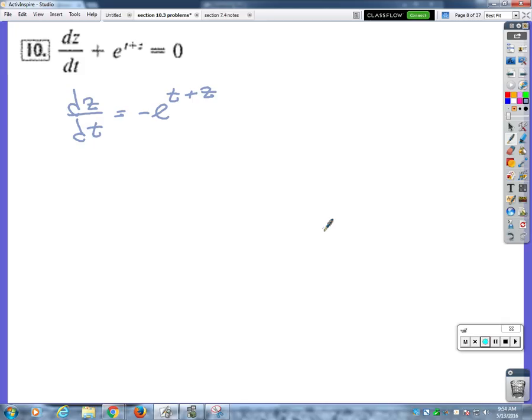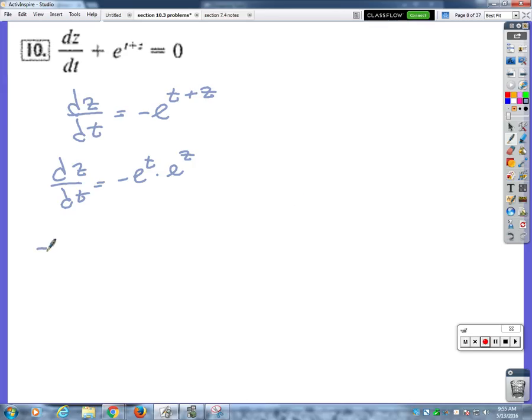We are going to break it up. So we're going to make it negative e to the t times e to the z. Now you multiply by dt and divide by e to the z.